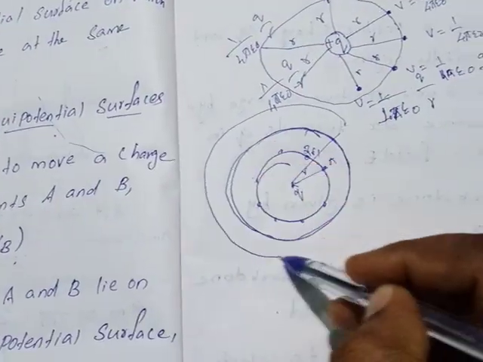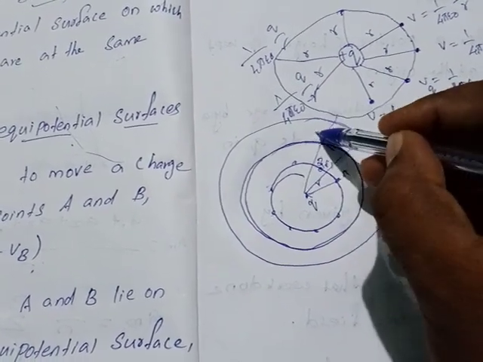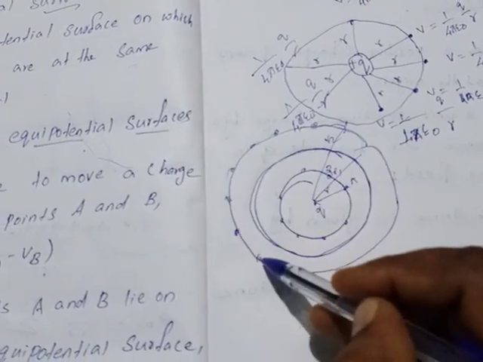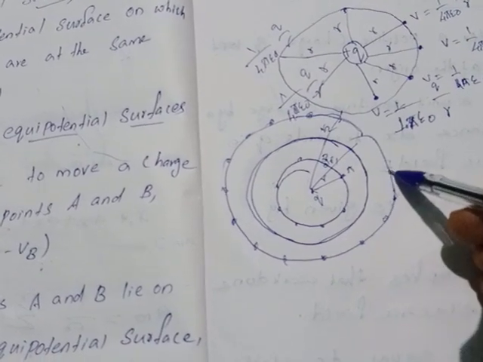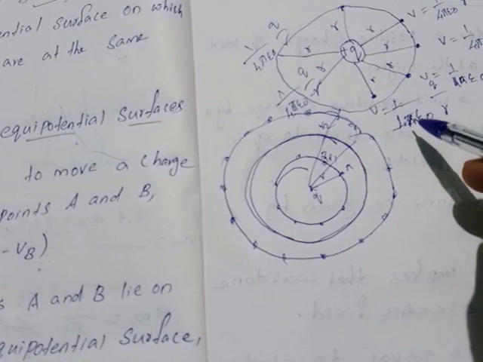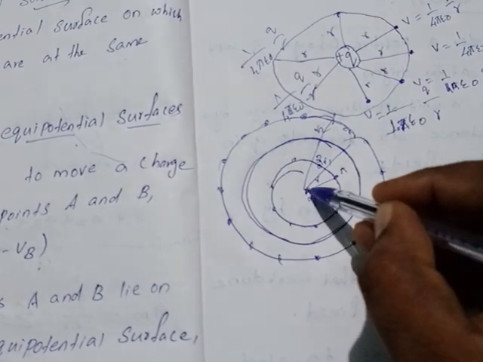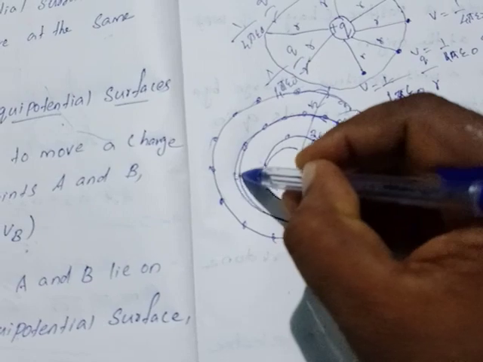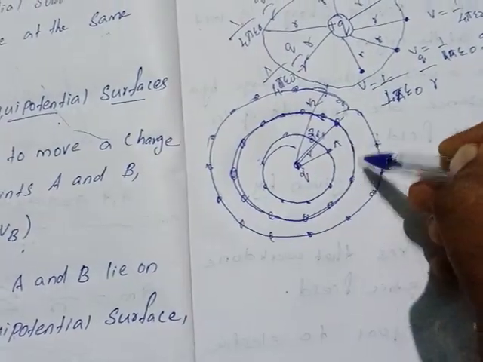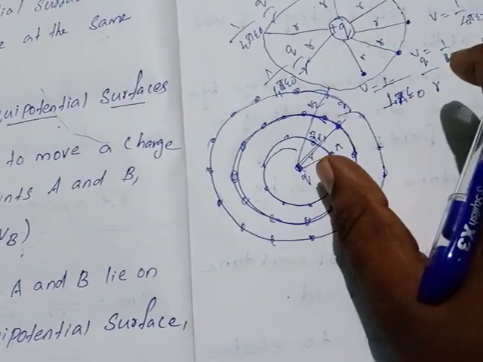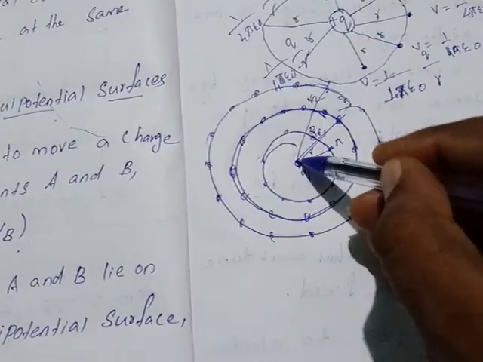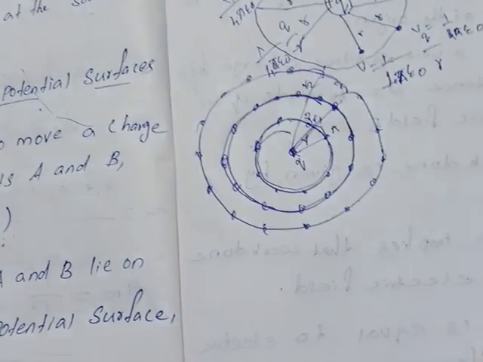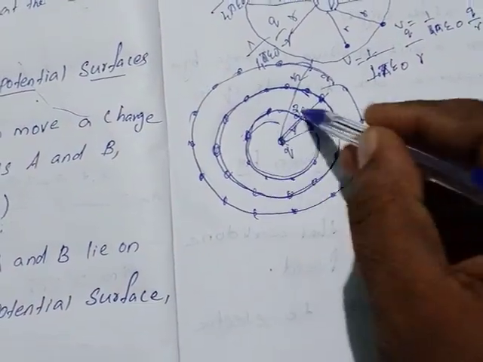If you keep another surface at some distance R2, then at all the points on this surface the electric potential will be V is equal to 1 by 4 pi epsilon 0 Q by R. All the points on this surface will be at equal potential.